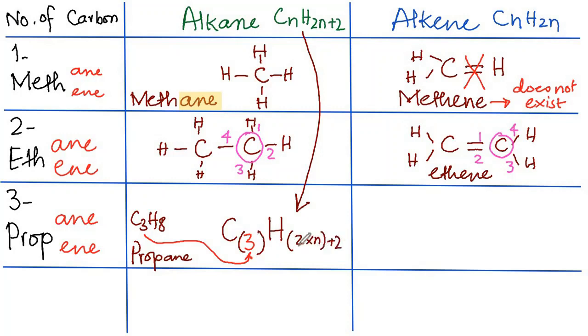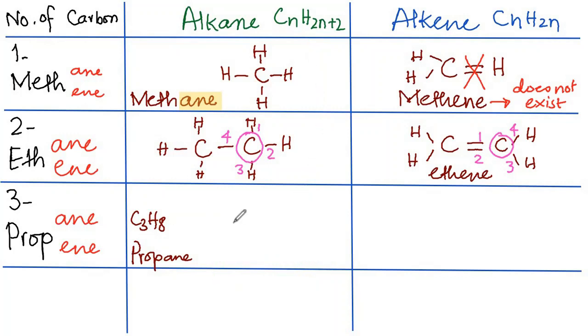And this eventually makes up to 8. 2 times N, and N we know is 3, so this is 6 plus 2, which gives us the number 8, which I already have written.